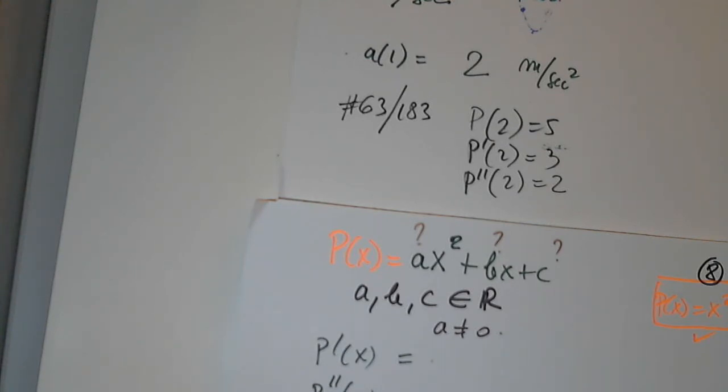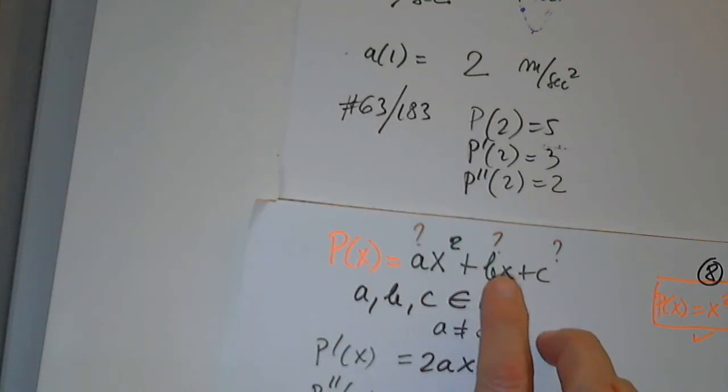Can anyone give us P prime? 2ax. Excellent. Plus, which one ends up being constant? We have to differentiate this. What do we get?